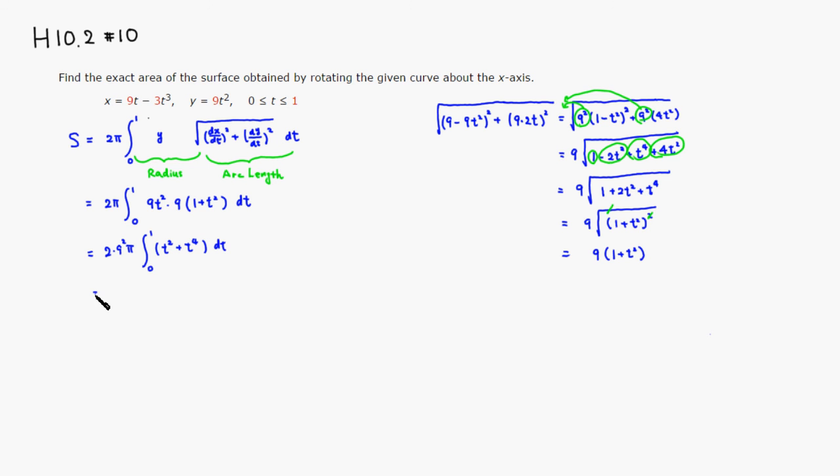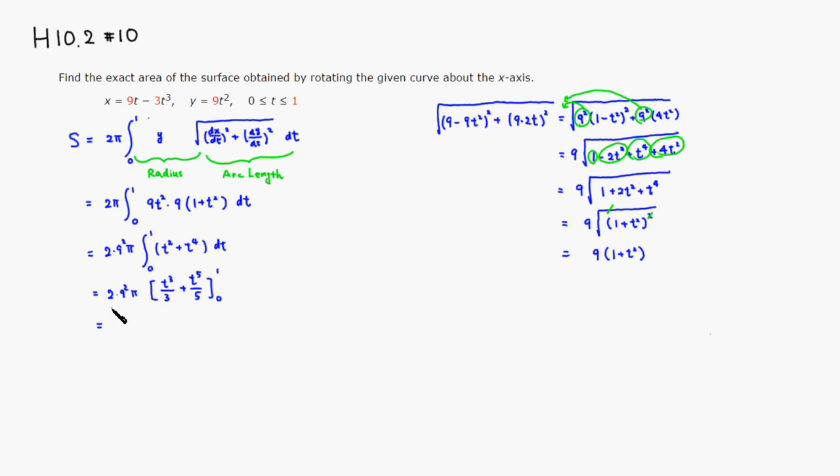Then we get 2 times 9 squared pi times: add 1 to the power, so 3, divide by 3, plus add 1 to the power, so 5, divide by 5, going from 0 to 1.